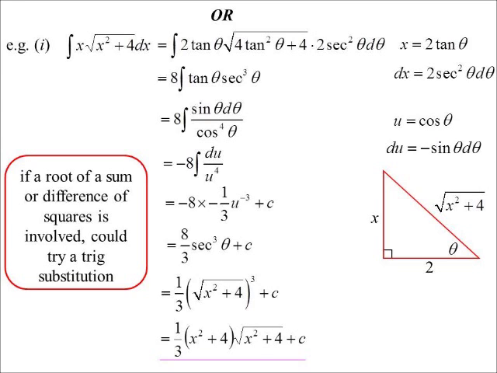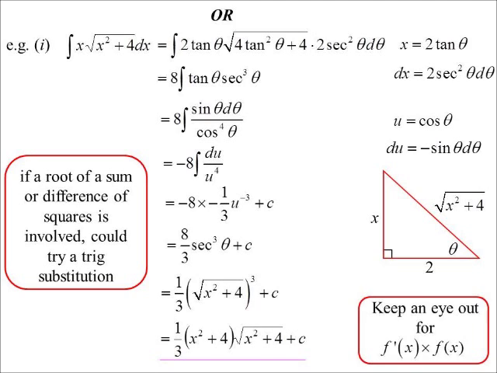Whilst this was not a good method for this particular question, it could be a great method for other questions. It just depends. Remember, always keep an eye out for that derivative times function, because if they're not saying use substitution and you spot that derivative times function straight away, you're going to save yourself a lot of time.